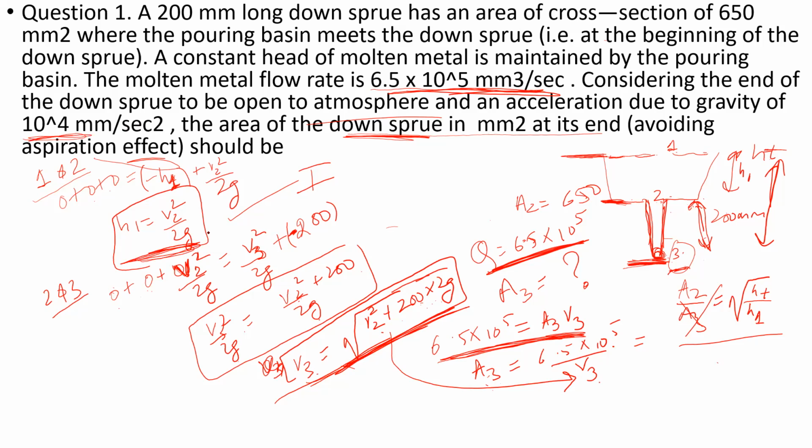Yeah, so this equation is there, na? H1 is V2 square by 2G. So from this we can find V2 also, right? And sorry, one more cross-sectional area they have given, an area of cross section of 650.